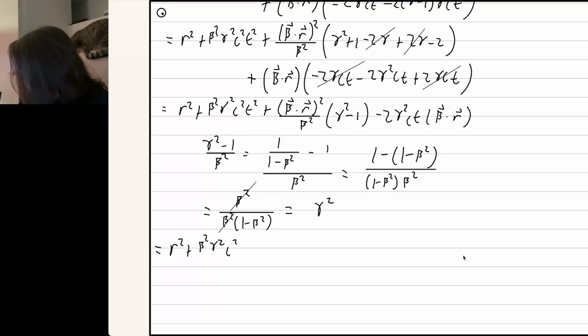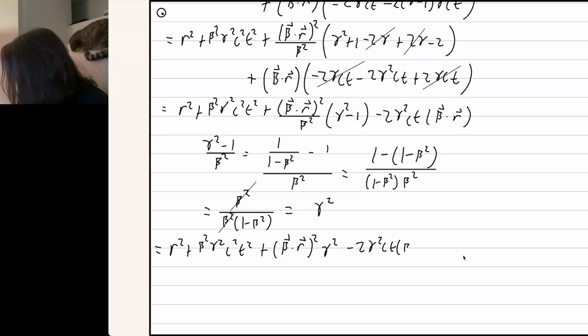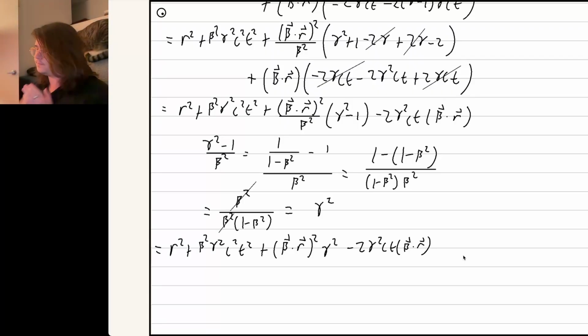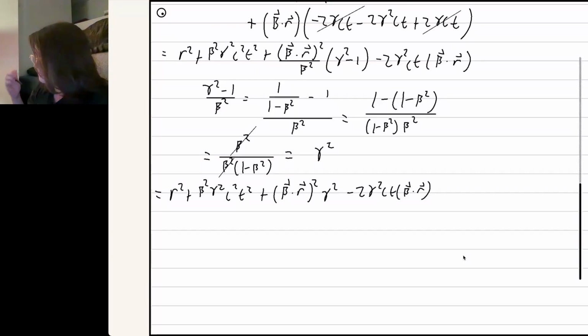So now we can rewrite the r prime squared equation with beta dot r squared gamma squared minus 2 gamma squared ct beta dot r. Okay, now let's turn our attention to the first equation that we were given, the time component of the Lorentz boost.